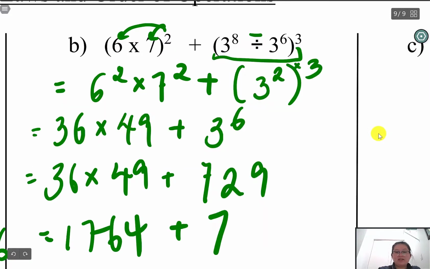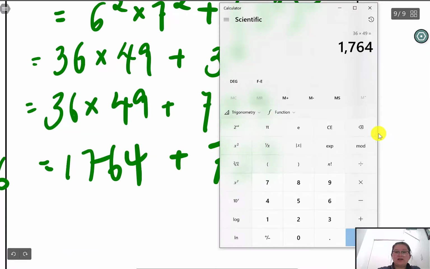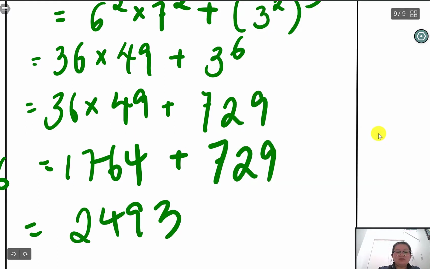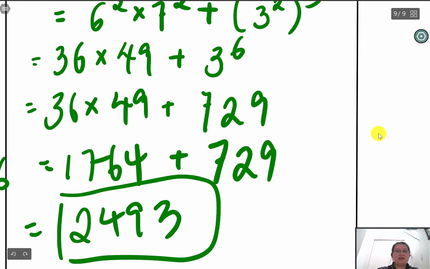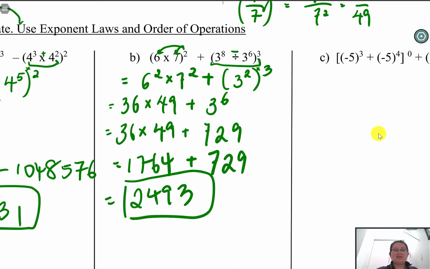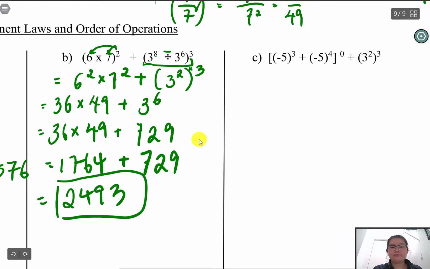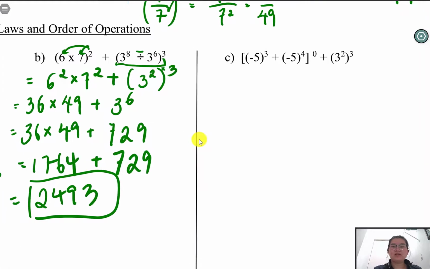I'm going to add the 729, and this is going to give me 2493. Even though you're probably thinking, huh, Miss Lee, you could have done some of these in the same step, true, that would be efficient, but it's good for me to see every step that you're doing. Showing your work is good for me, and it's also good for you to track your own mistakes too. So that's B.